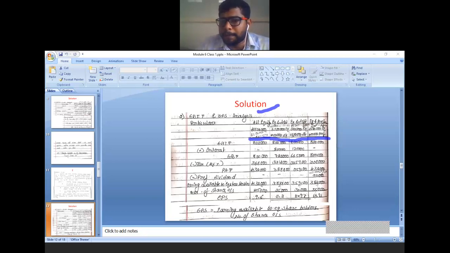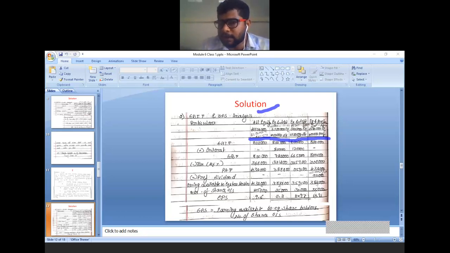Next, plan 2 and plan 3, already I have calculated and shown in the question itself. How much is the debenture capital in the second plan? 10 lakh rupees is the debenture capital in the second plan. 10 lakh into 8% debenture interest, it is given in the plan. So 8% means 80,000 debenture interest.